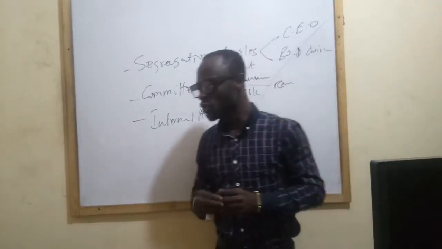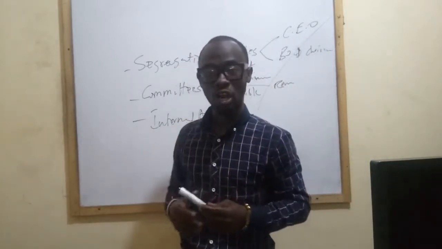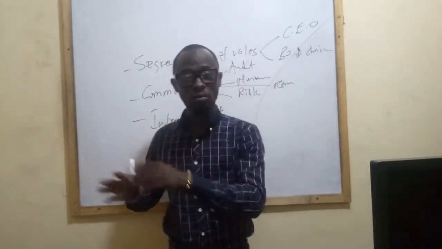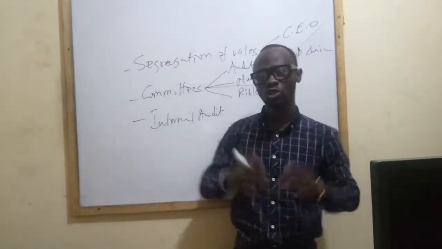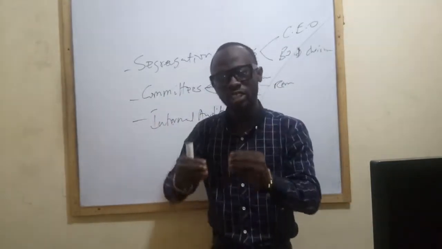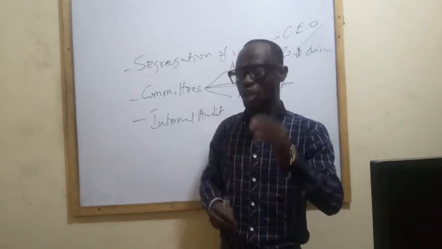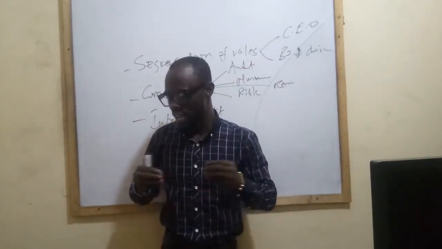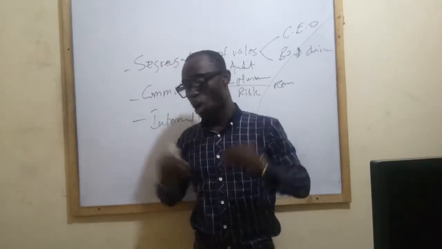Two, reviewing the company's internal financial control. So what are the financial control systems in the organization? The audit committee must review the financial controls regularly to ensure that the financial control systems are operating efficiently and effectively within the organization. And 3, monitoring and reviewing the effectiveness of the internal audit function.